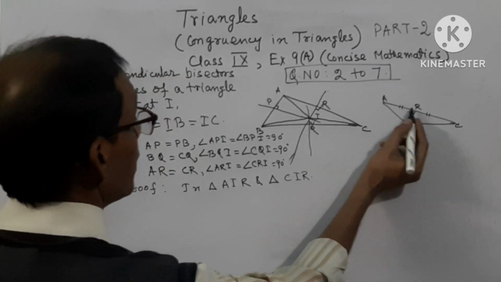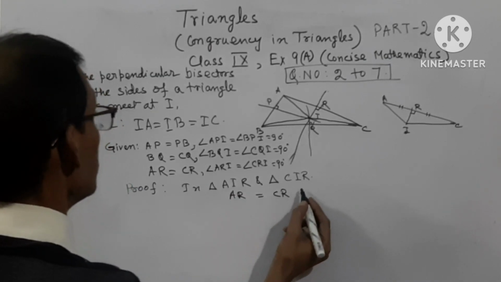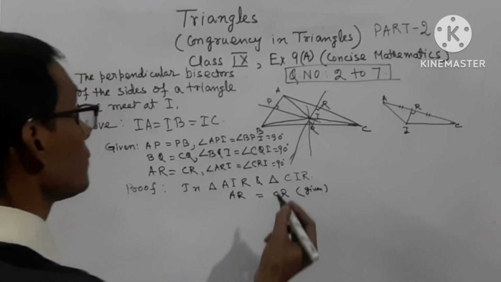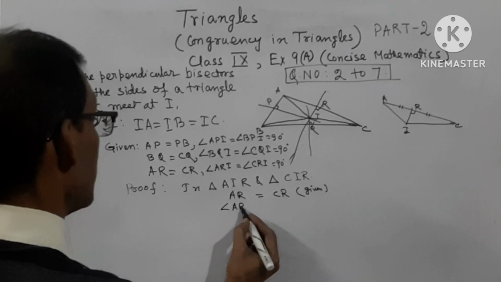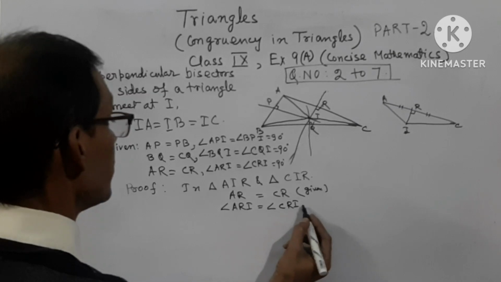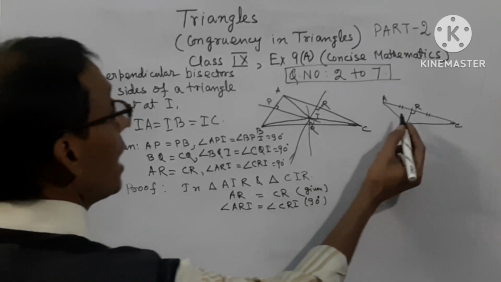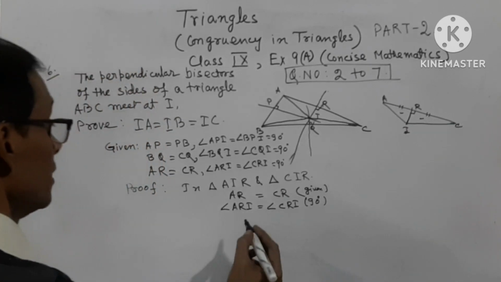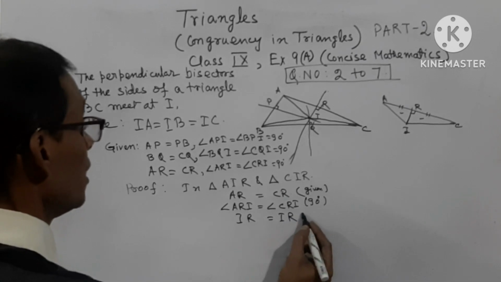So AR equal to CR, given. Angle ARI equal to angle CRI, 90 degree because it is perpendicular, and this IR is common in both the triangles. So IR equal to IR, you can say common.